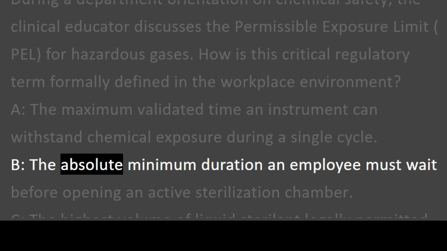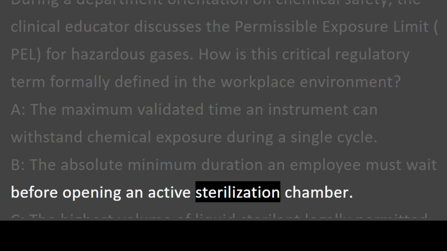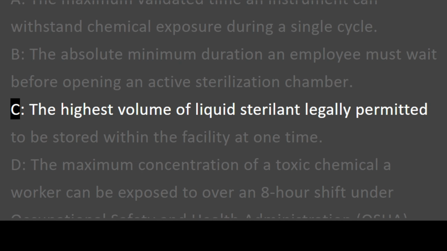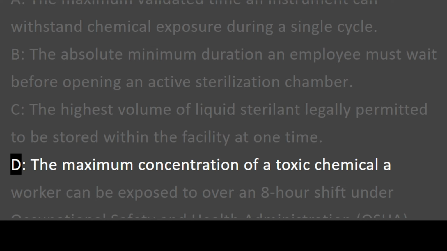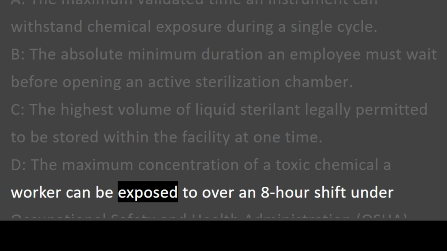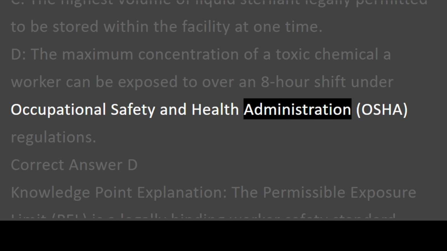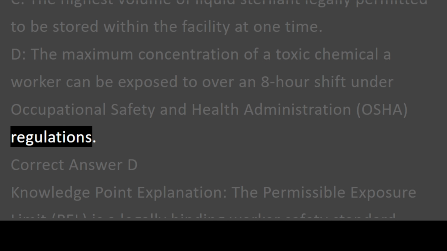B. The absolute minimum duration an employee must wait before opening an active sterilization chamber. C. The highest volume of liquid sterilant legally permitted to be stored within the facility at one time. D. The maximum concentration of a toxic chemical a worker can be exposed to over an 8-hour shift under Occupational Safety and Health Administration, OSHA, regulations.